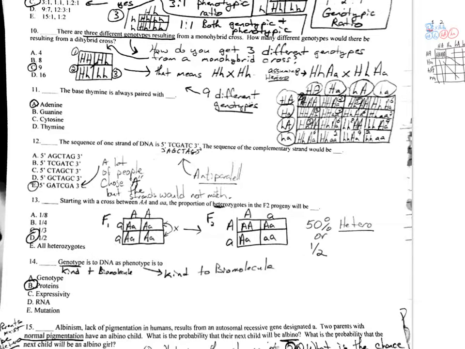So the question is, how many different genotypes would there be resulting in a dihybrid cross? I did the cross, and then I counted. How many different genotypes do I have? I have 1, big H, big H, big A, big A. The second one I counted was little h, little h, little a, little a.